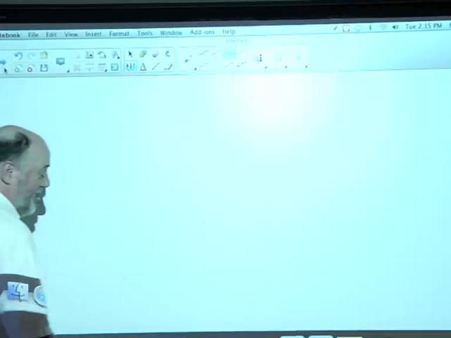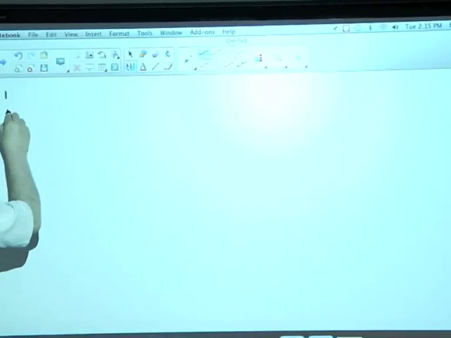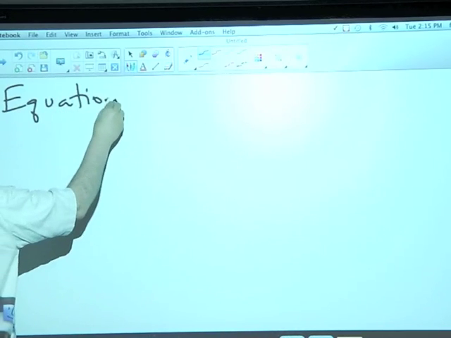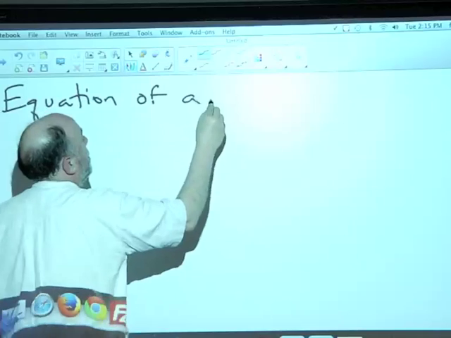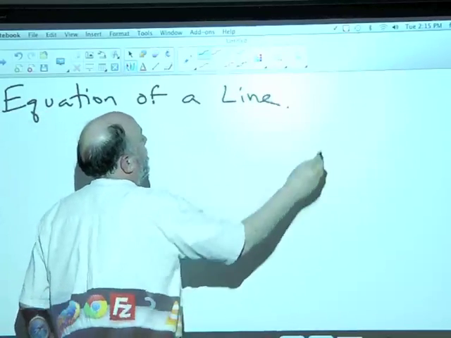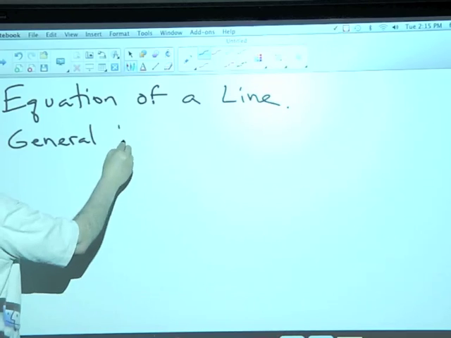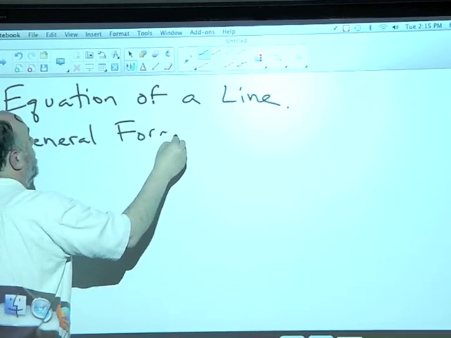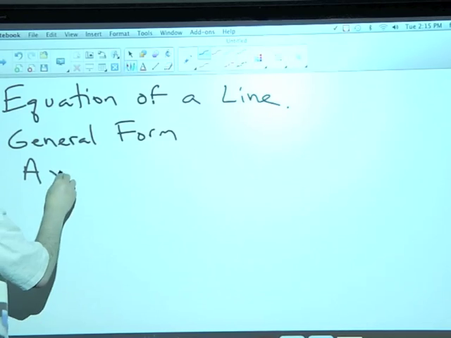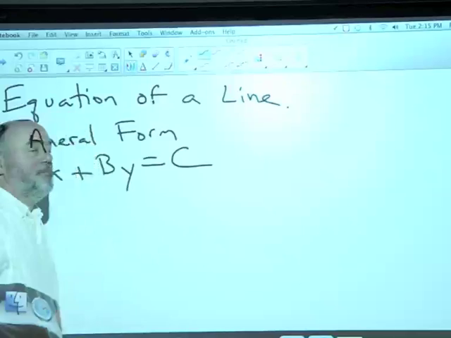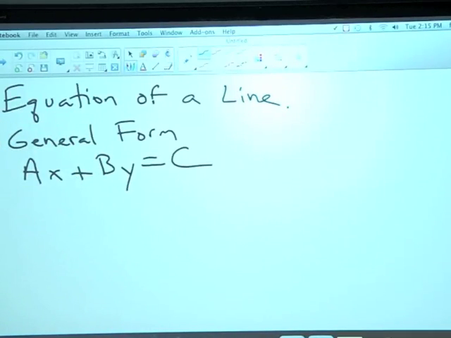But in terms of an equation of a line, there are 3 forms. General form, AX plus BY equals C, which doesn't tell you much information, but it is a way of writing an equation of a line.